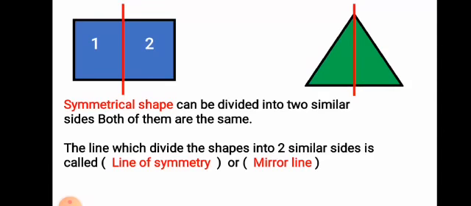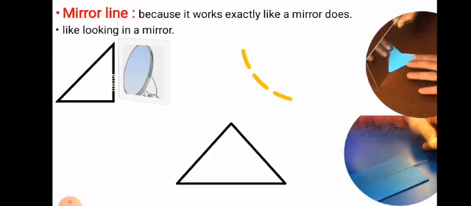So, we divided our shape here by this line. Now, we can see two sides. Very good. Both of them are the same. So, also, this is a symmetrical shape. So, a symmetrical shape can be divided into two similar sides. Both of them are the same.